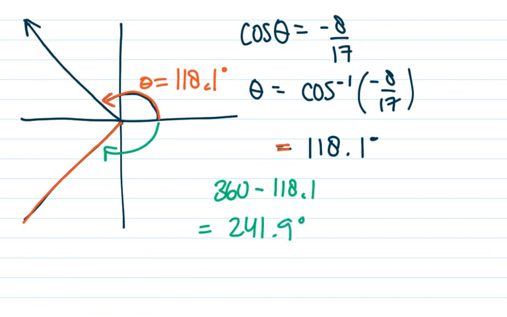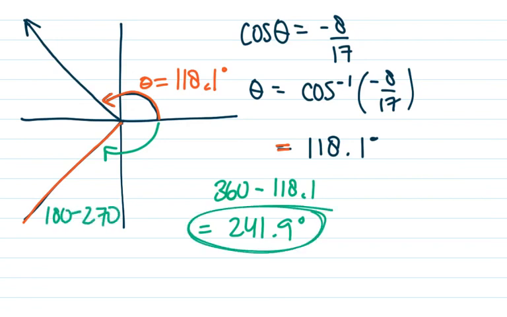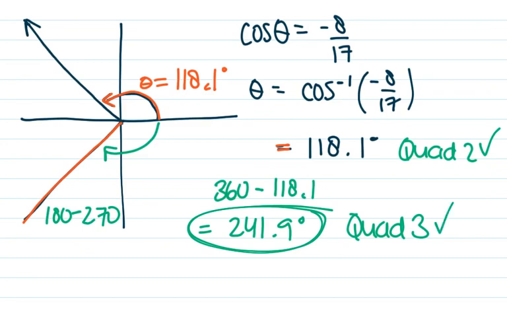Now, quadrant 3 goes from 180 to 270. So yeah, this number is in quadrant 3. So this one was in quadrant 2, great, and this one was in quadrant 3, great. So those are my two solutions for cos theta equals -8/17. Theta equals 118.1 and theta equals 241.9.